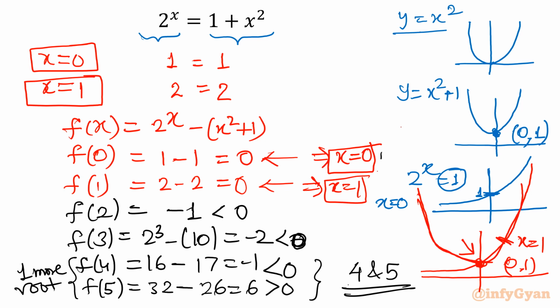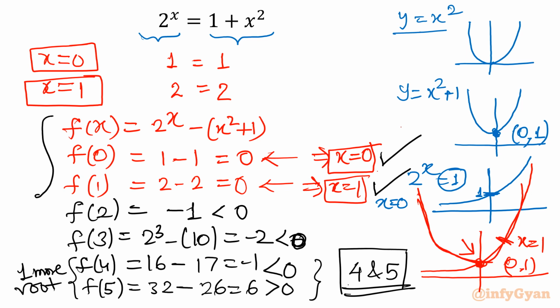Alright, so the solution x equal to 0 is confirmed, x equal to 1 is confirmed, and the third one is in between 4 and 5. How will we find that, because it is not an integer value? We have to take the help of the Newton-Raphson method.